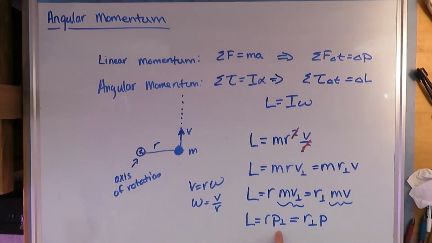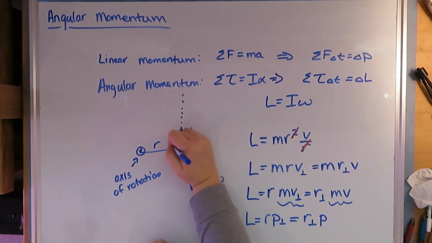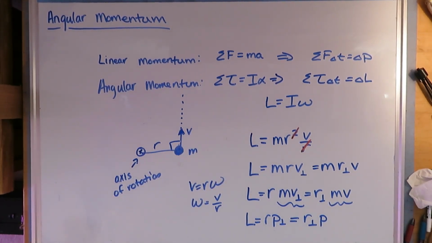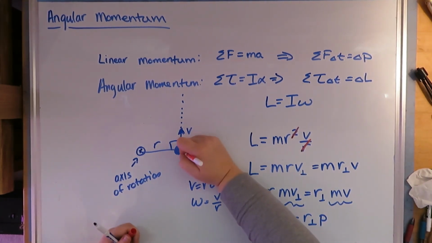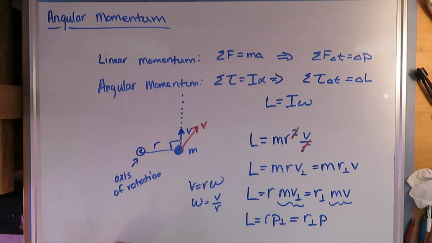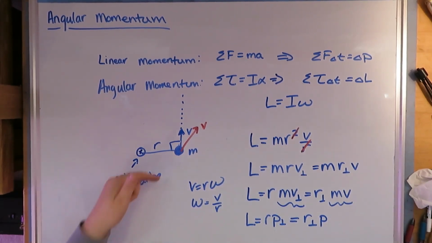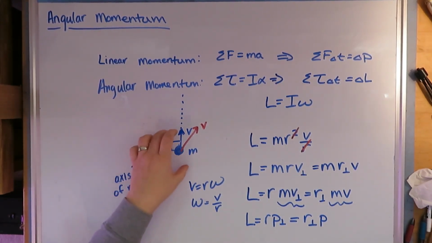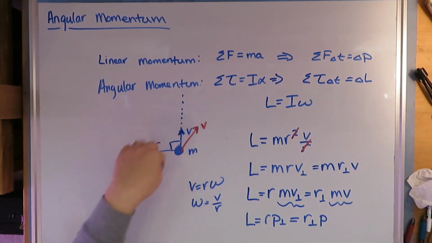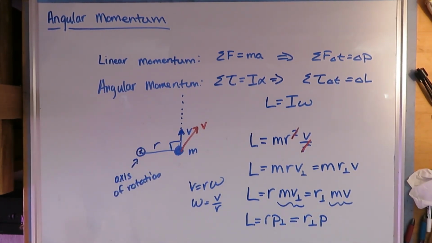So basically, the momentum perpendicular to the lever arm, the moment arm essentially, or I could find the momentum and find the component of r that is perpendicular to the momentum. So for example, if this thing was moving in this direction, I could find the component of r that's actually perpendicular to this vector. I could do either one of those.